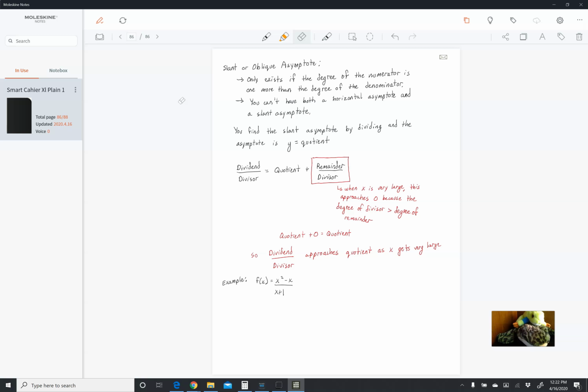Well, the degree of the numerator equals 2. The degree of the denominator is equal to 1. And 2 is equal to 1 plus 1. So there is a slant asymptote.